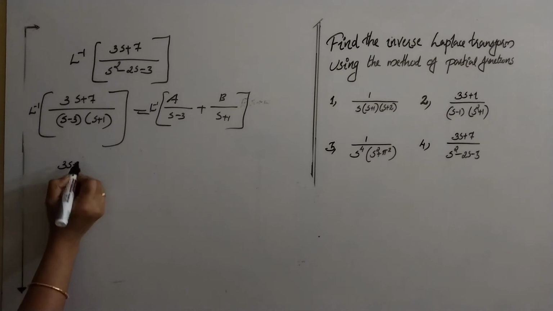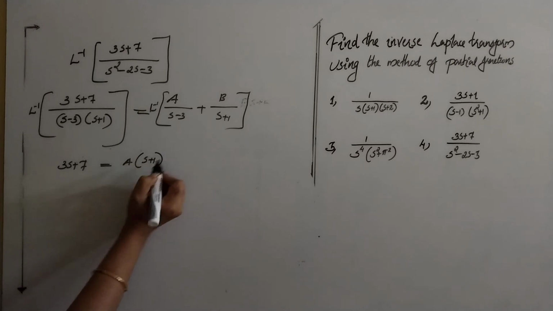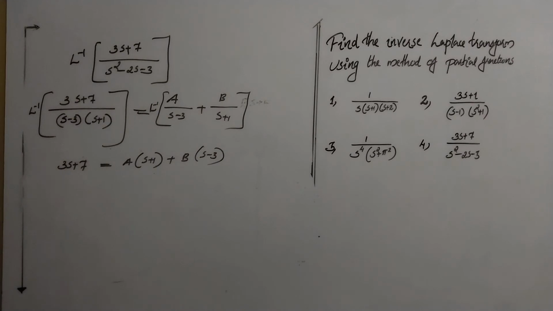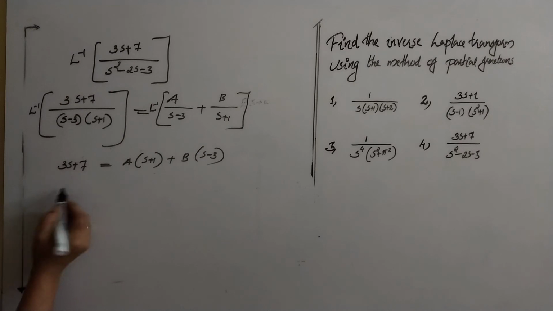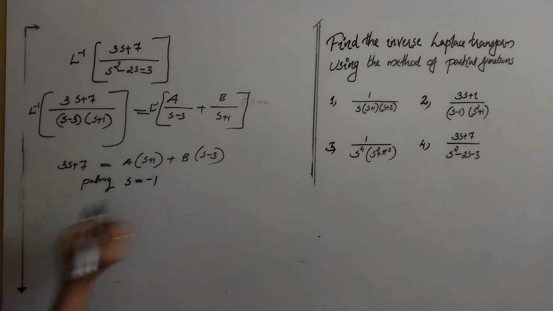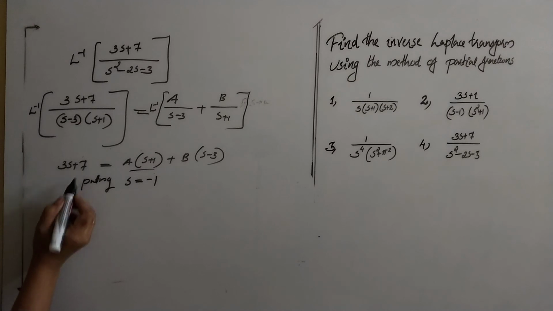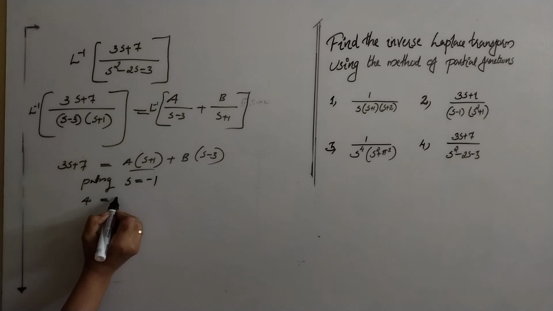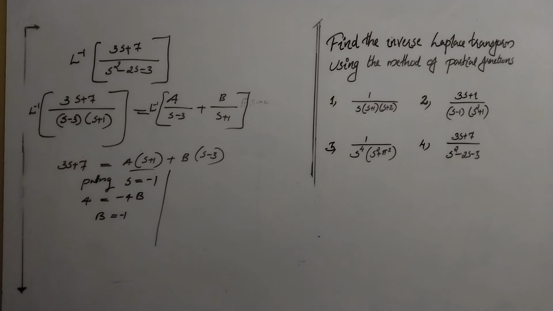So 3s plus 7 is equal to a into s plus 1 plus b into s minus 3. Now putting s is equal to minus 1, this term becomes 0. Minus 3 plus 7 is 4. 4 is equal to minus 1 minus 3 is minus 4, minus 4b. This implies b is equal to minus 1.